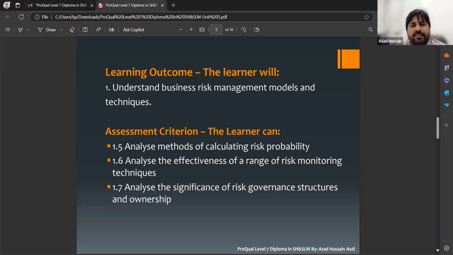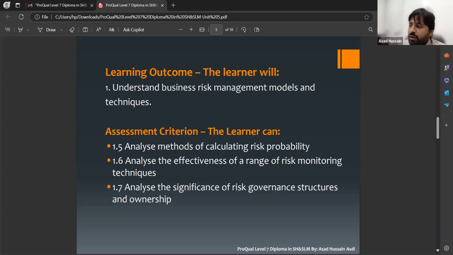Then the last assessment criteria for the first learning outcome. In all these assessment criteria, we are focusing on the understanding of business risk management models. So we have 1.7, analyze the significance of risk governance structures and ownership. To cope with risk present in any business, there will be a risk governance structure.